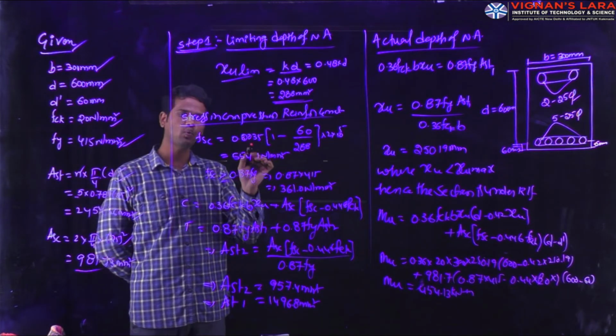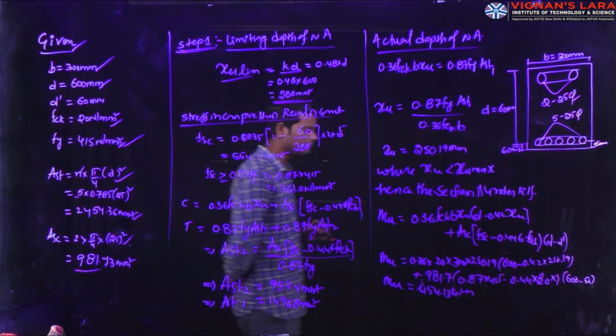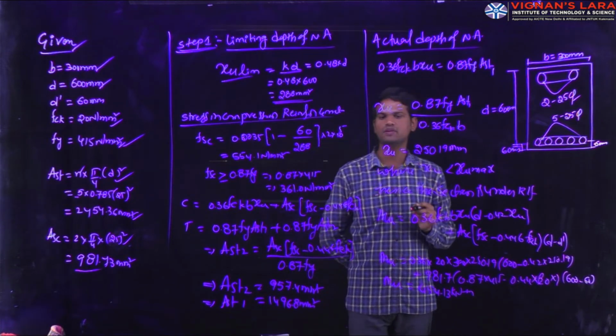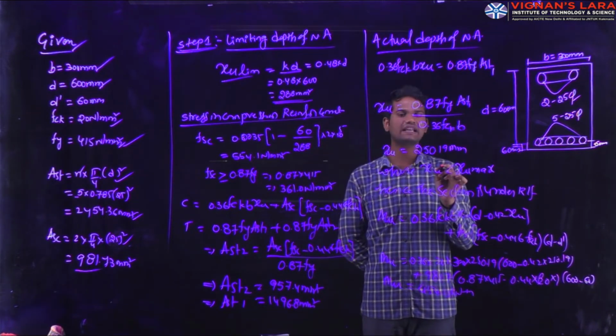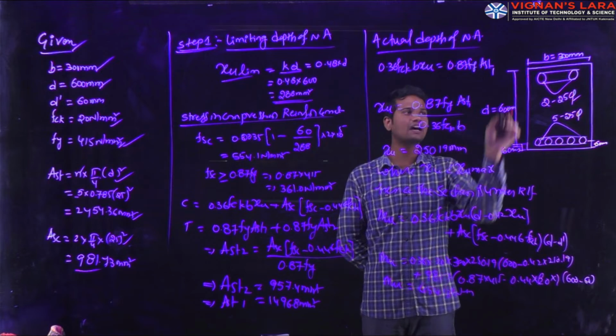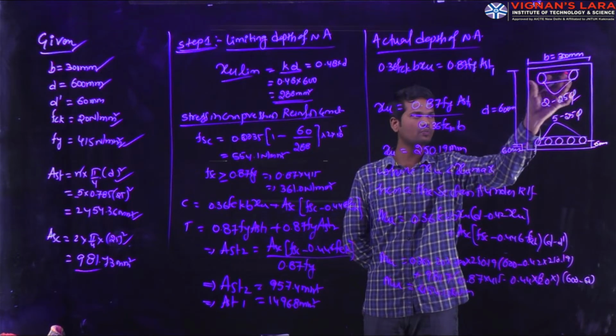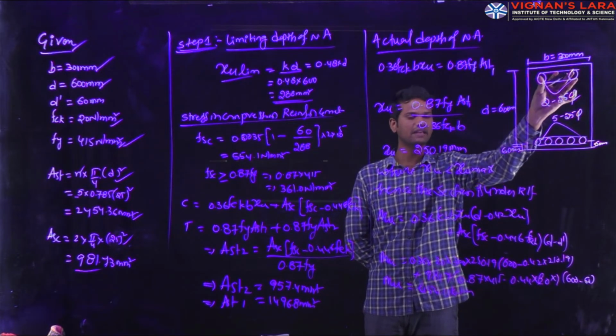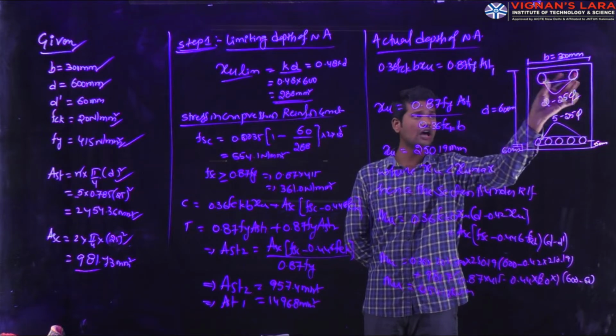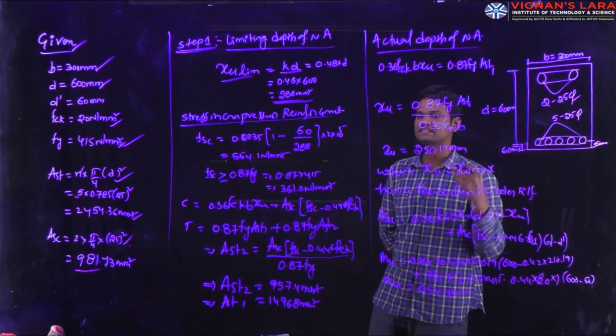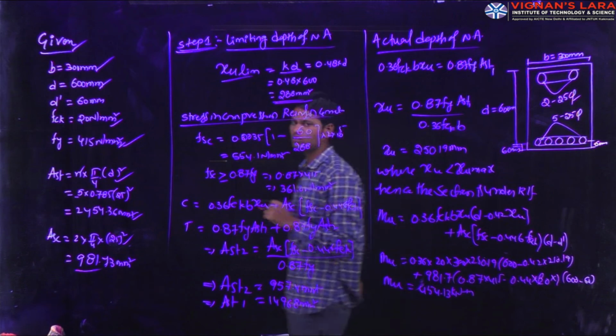While calculating the actual depth of the neutral axis for a doubly reinforced beam section, we have to calculate the stress in the compression steel. For the steel bars we are providing on the compression face, how much stress is acting, that also we have to calculate.